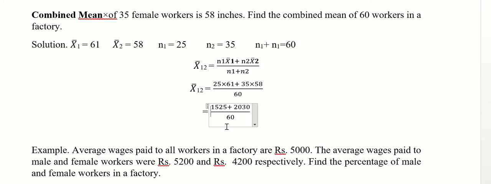So the average height, the answer is 59.25. Okay. 59.25. So this is the combined mean, right?